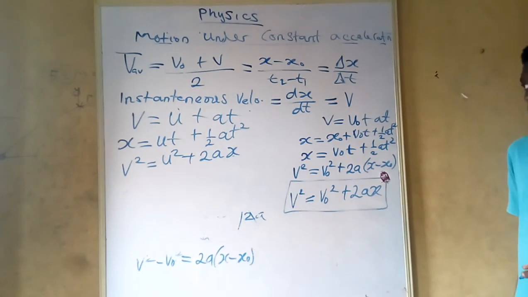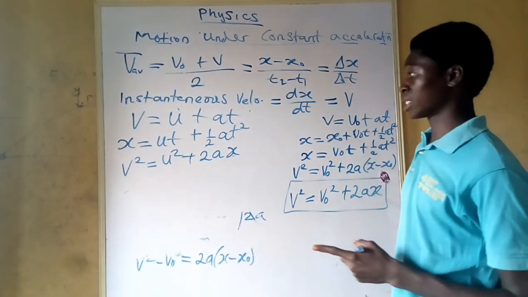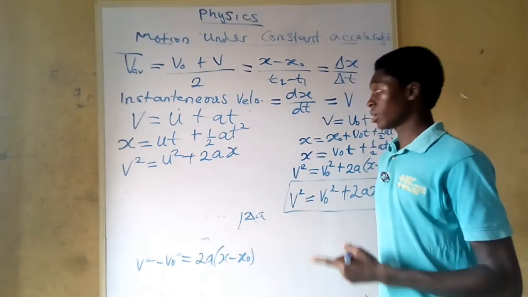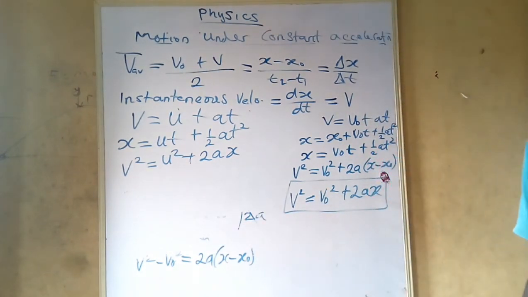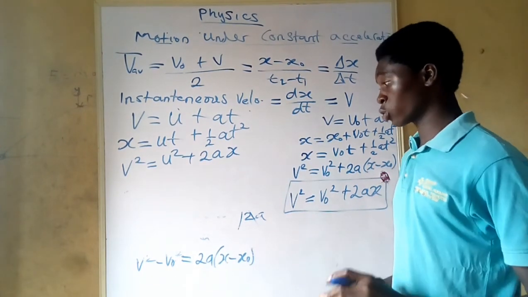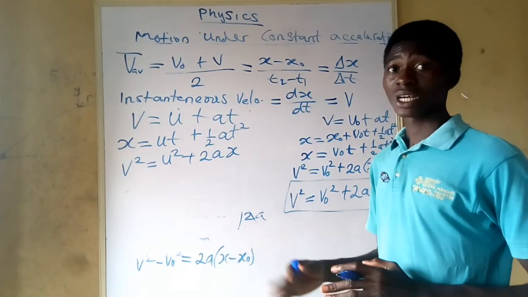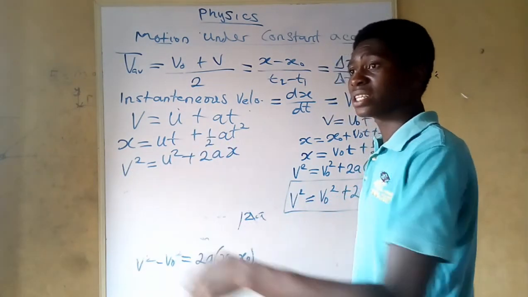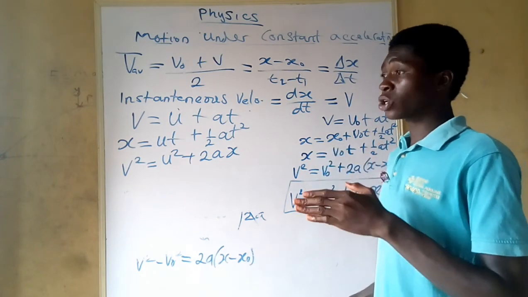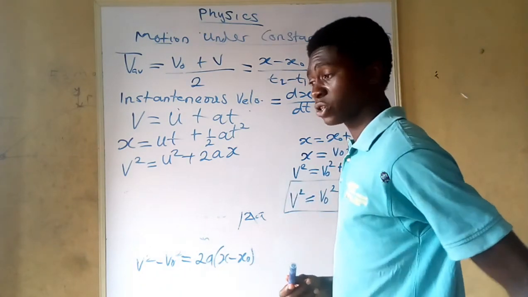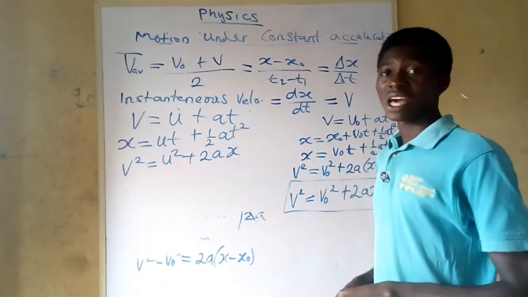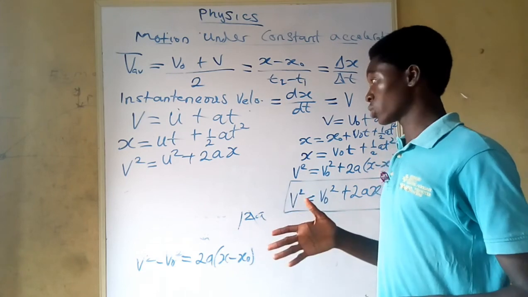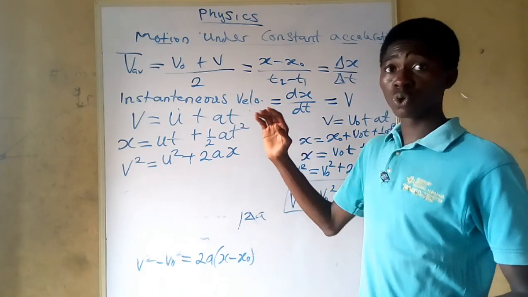Now sometimes the acceleration may be negative. Remember, acceleration is not always in the direction of motion. Sometimes it can be in the direction of motion, that is, if it is positive. Let's say the car is moving in this direction and the acceleration is positive, that means the acceleration is in the direction of the motion. But sometimes acceleration can be in the form of what we call deceleration or retardation, that will cause the velocity to decrease.